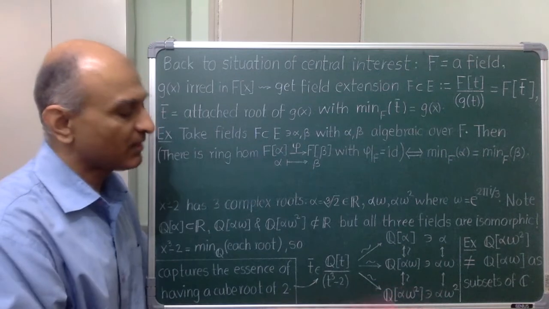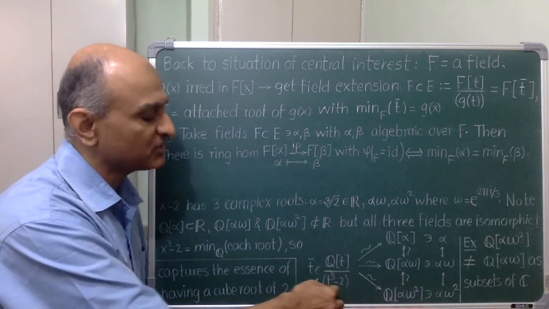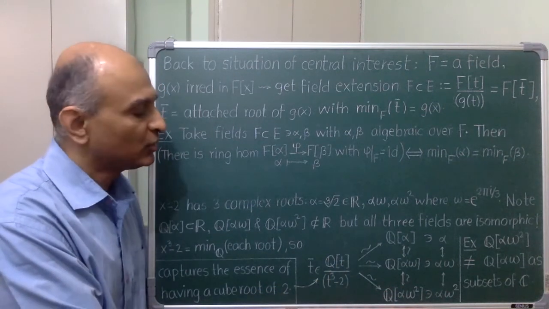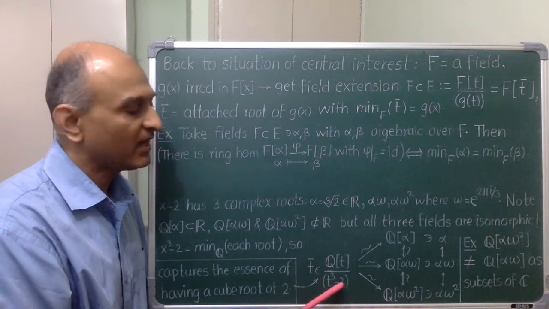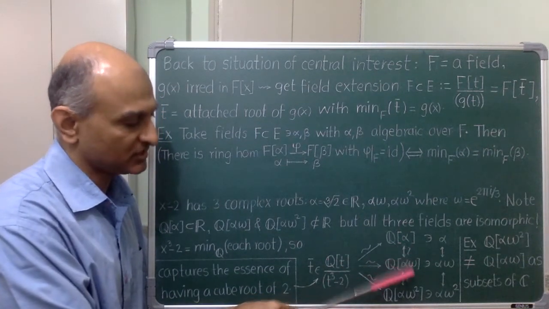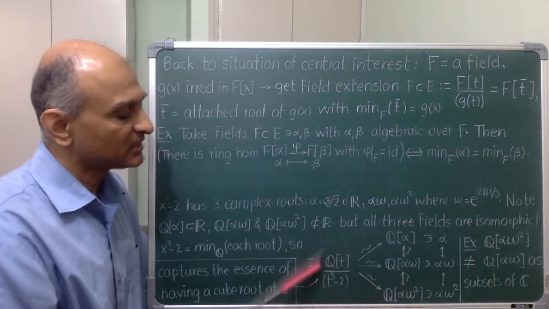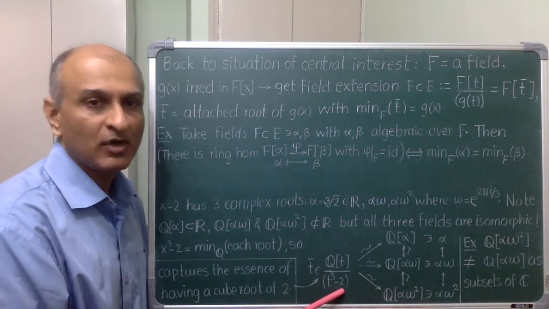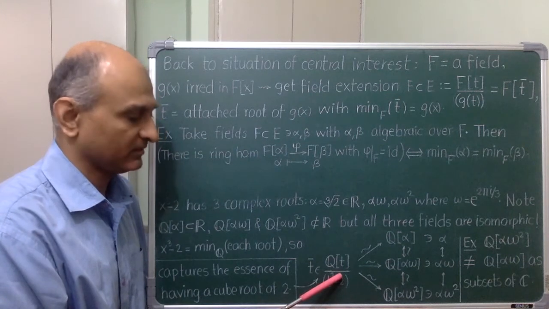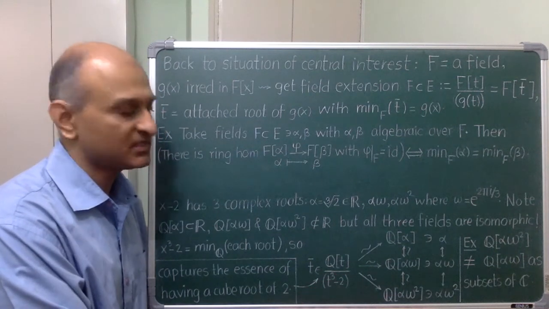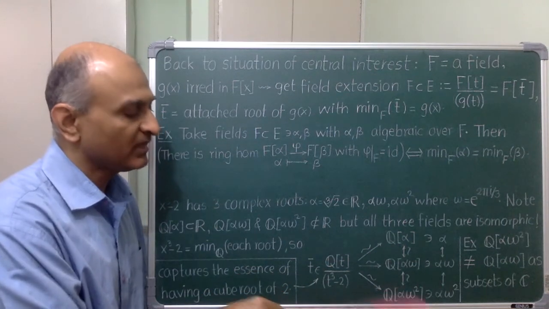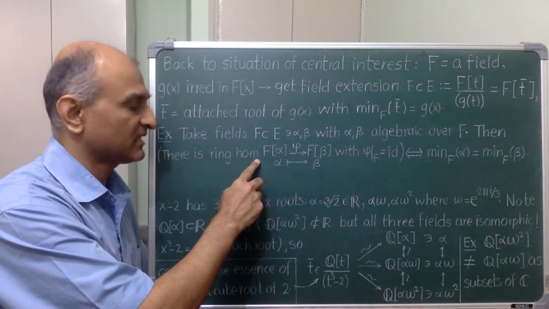So, somehow this quotient ring captures the essence of what it means to be a root of this irreducible polynomial. Such a root may have different concrete manifestations, but this description is intrinsic because of the way this ring is constructed.